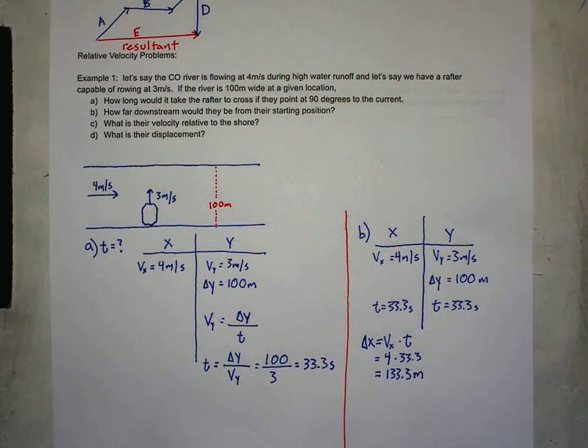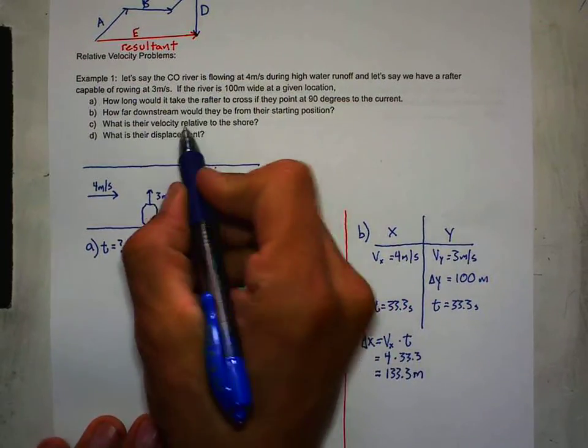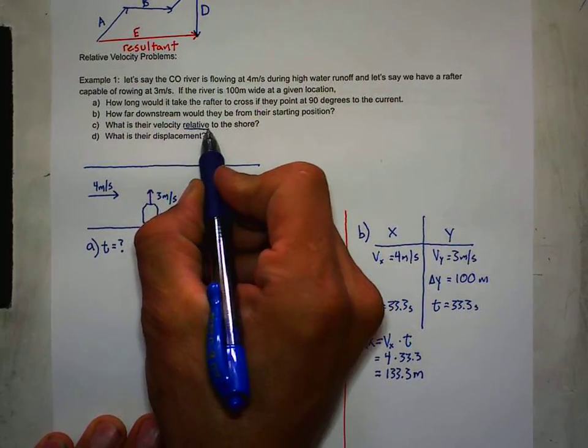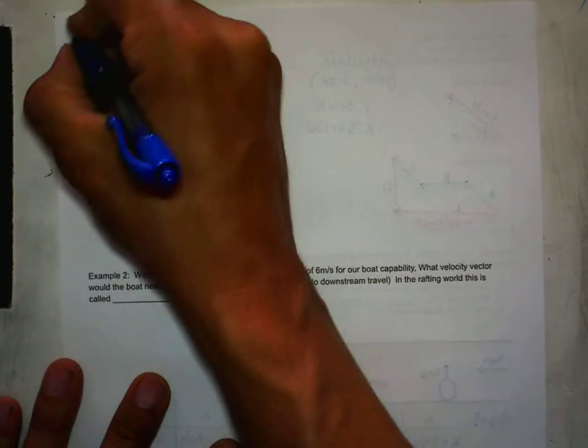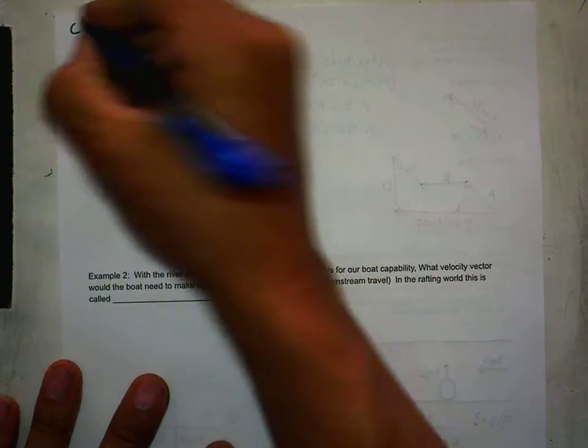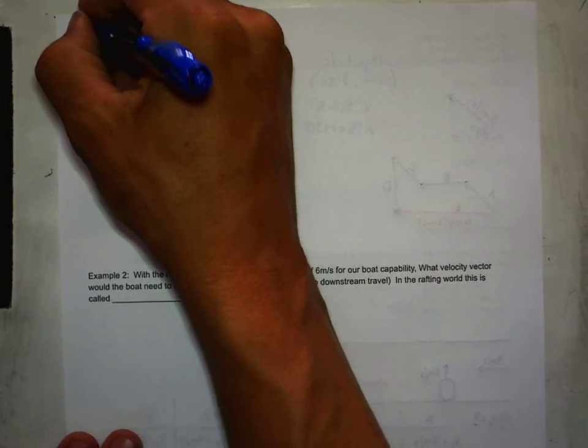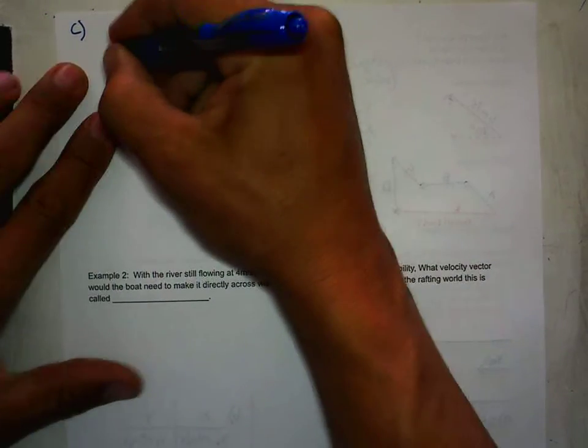Part C, what is their velocity relative to the shore? You're going to see this word a lot as we start to work out some of these problems. Relative to the shore this time. Let's go over to the back. If you are an observer watching this person from the shore, here's what you're going to observe.